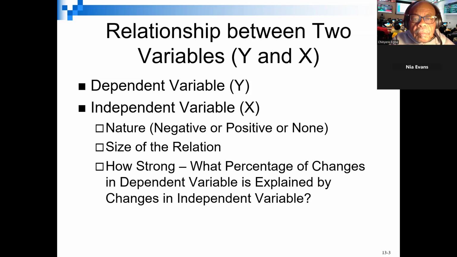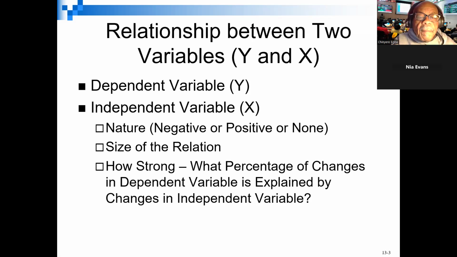So now when we look at the relationship between two variables, we take one variable as a dependent variable, and the other variable as an independent variable. For example, when you look at the number of persons in a household and how much they spend on food, the dependent variable would be how much the family spends on food, and how many persons are in the family will become the independent variable.